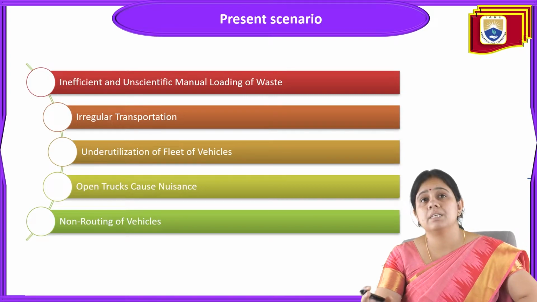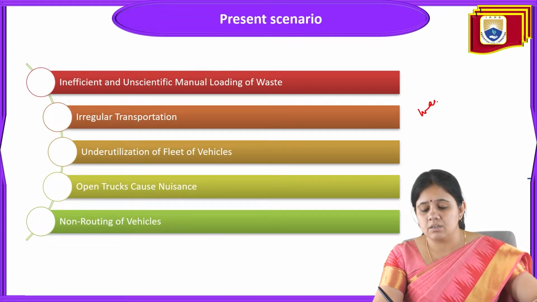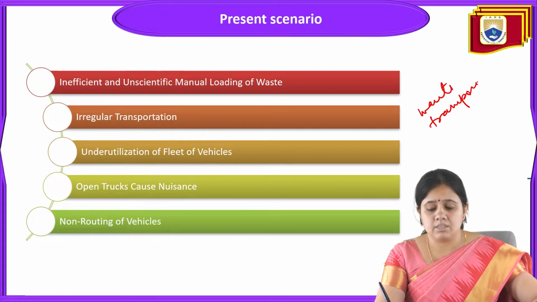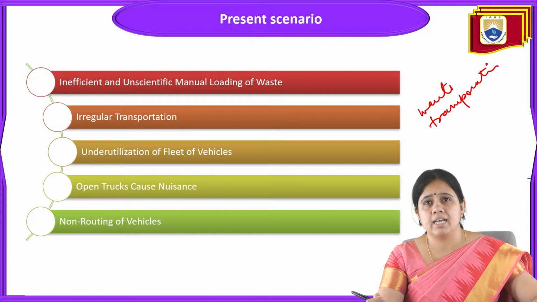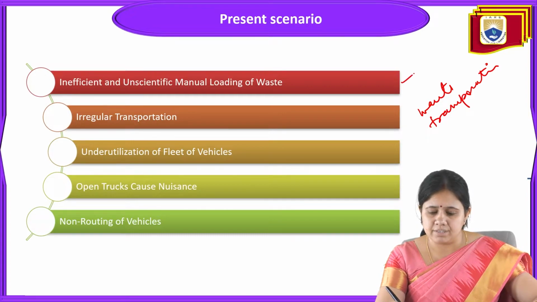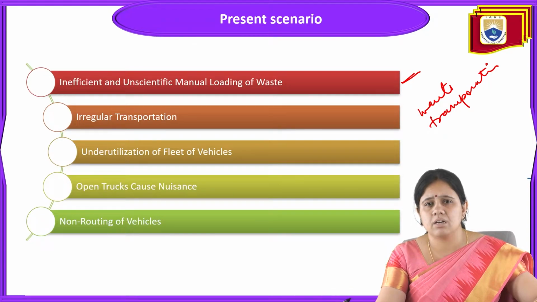Let's discuss the present scenario of waste transportation in Indian cities. It is inefficient and unscientific manual loading of waste, mostly in municipal areas. We can see that they are doing it in an unskilled manner, with normal labor, and it is manual loading of waste.